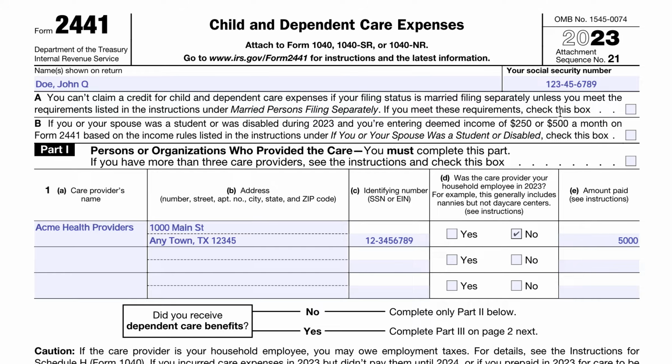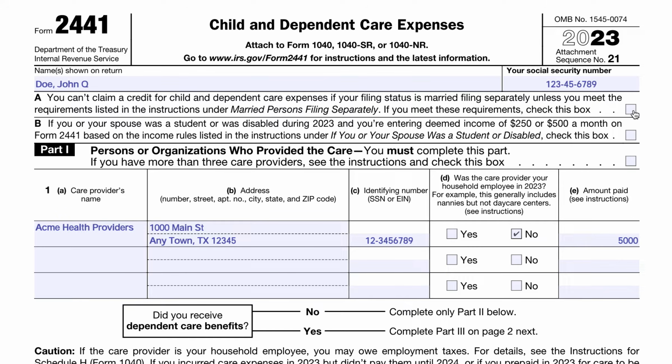So if you meet all of these requirements and the other requirements mentioned earlier, then you can generally take the credit or the exclusion. If you don't meet all the requirements to be treated as unmarried, you probably cannot claim the credit, but you can claim the exclusion if you meet the other criteria stated separately. So if this applies to you, you would check that box.